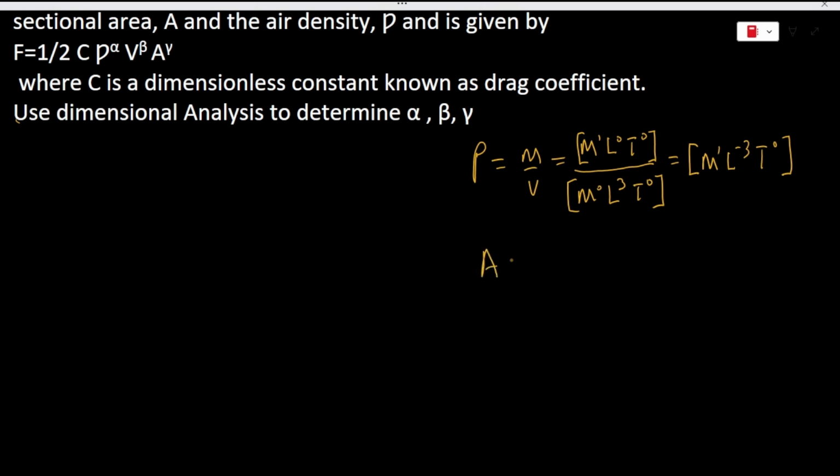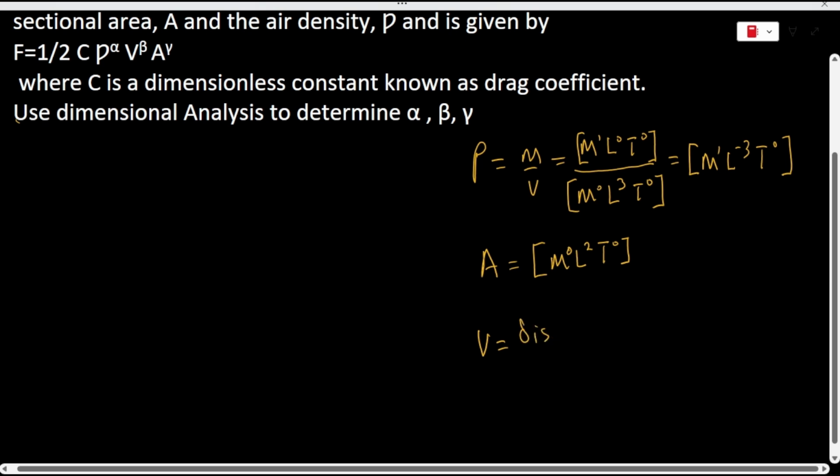The cross-sectional area has the dimensions, by definition. Velocity is displacement over time.